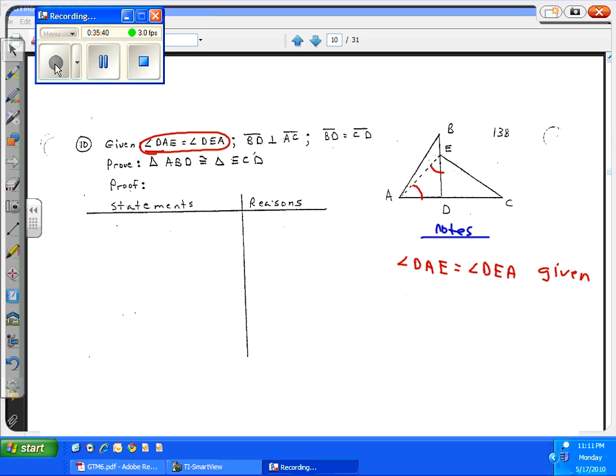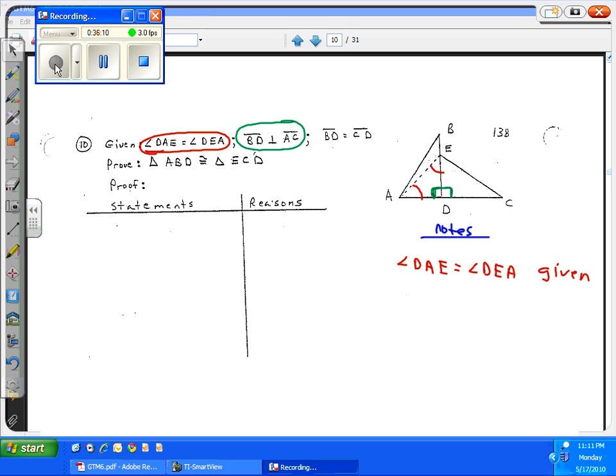We take the next given statement. It says BD is perpendicular to AC. So we say the definition. Perpendicular lines form equal, adjacent, 90-degree angles. BD is perpendicular to AC. So these angles are equal, adjacent, and 90.